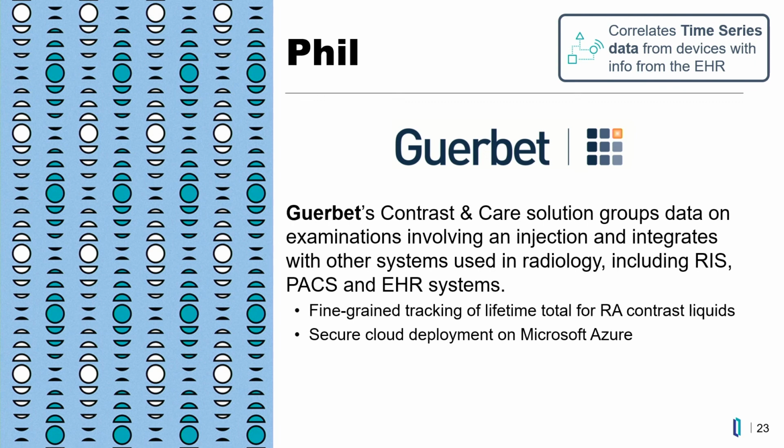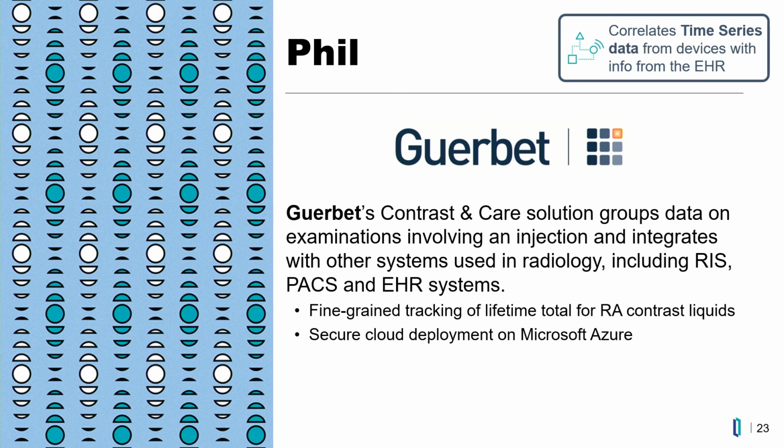For Contrast and Care, these are bidirectional flows. So it means that data flows from the EHR into those solutions for actively driving the administration of the prescribed drugs, but also the other way, to track exactly how much contrast fluid was injected in a patient.